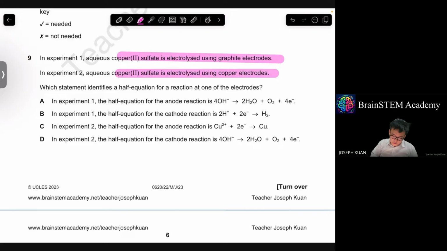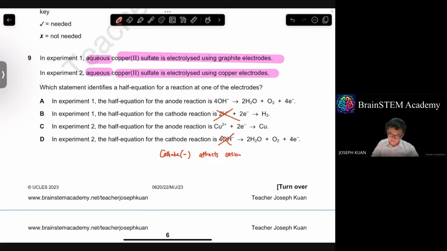Given that this is aqueous electrolysis, the cathode always receives copper, shouldn't be hydrogen. And then it always attracts cations. The concept is the cathode attracts cations in an electrolytic setting. It's a negative terminal.